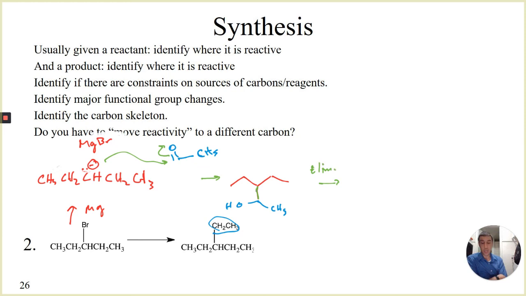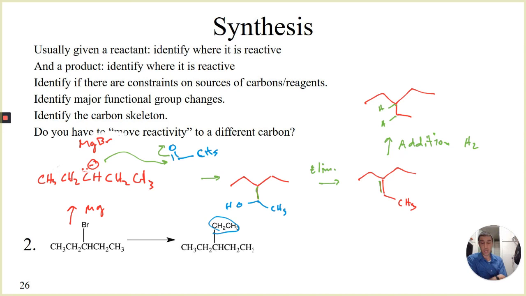In the elimination, you would go through, form the most substituted with our CH3. Once you've done the elimination, you could then do an addition of just H2 and you would add your 2 hydrogens to get to that final answer. And there we are. Okay.